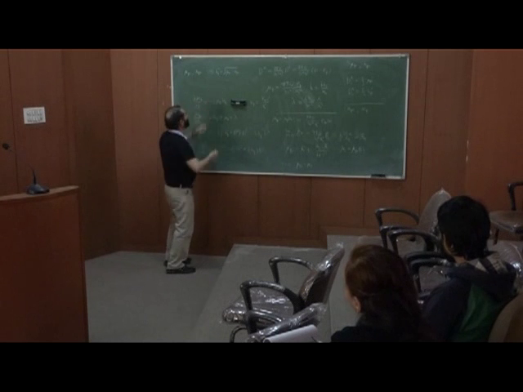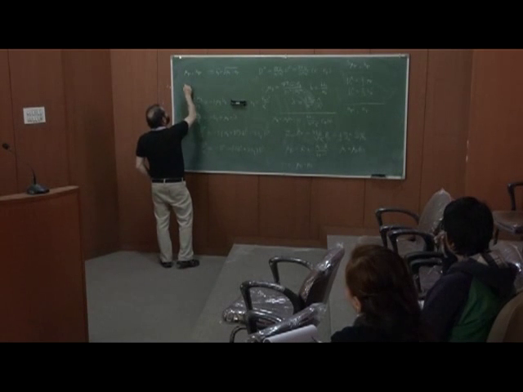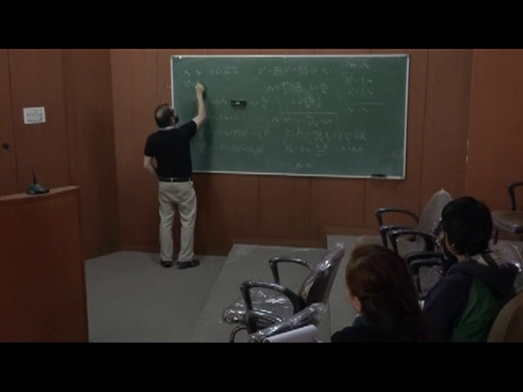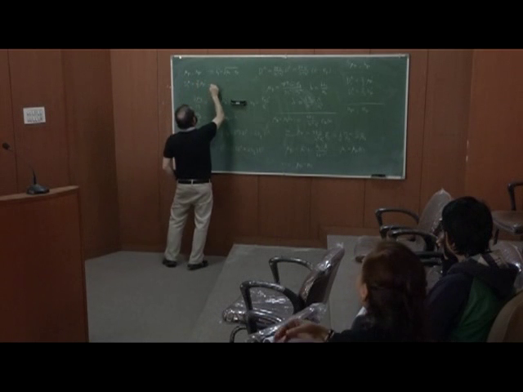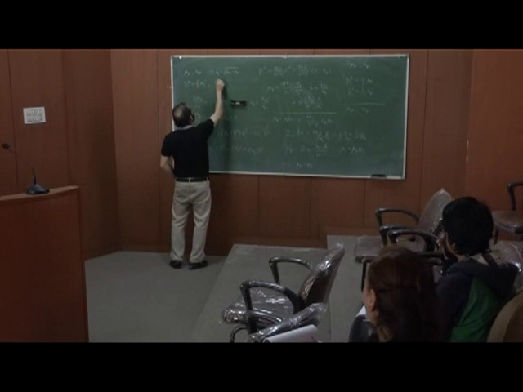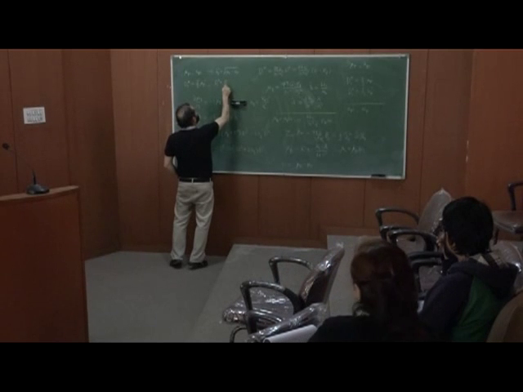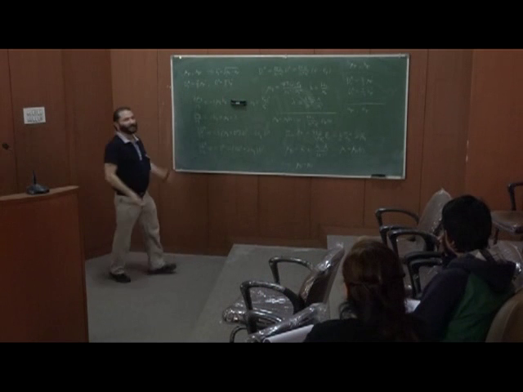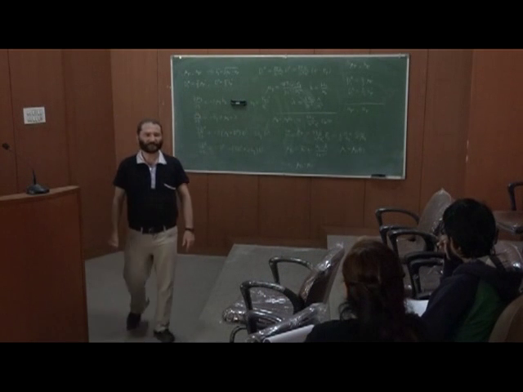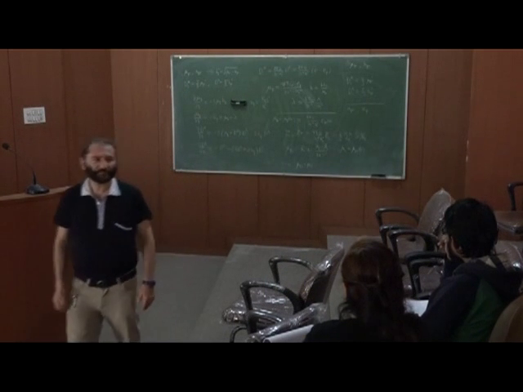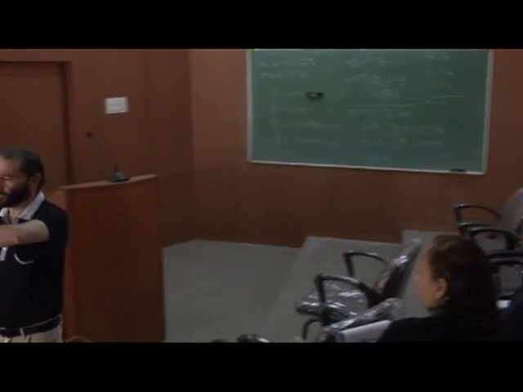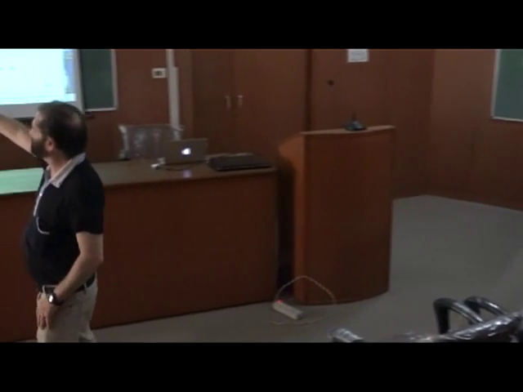And then we compute d mu 0, and that's it. We're ready to integrate the system. And this is what I'm going to show you now, how it is done.